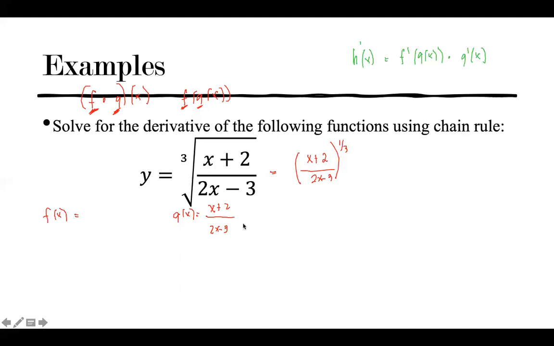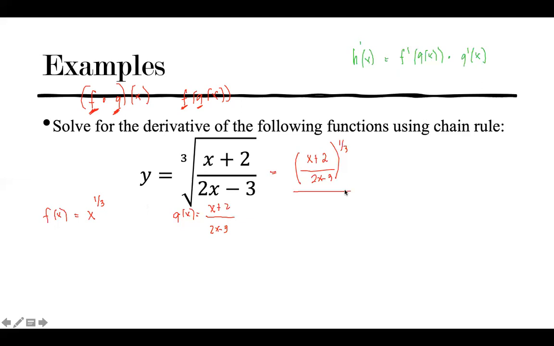All right, so then if this is being substituted to f with its x, f of x then is just equal to x to the power of 1/3, because if you substitute that, x will be replaced by this thing and it will look like this.